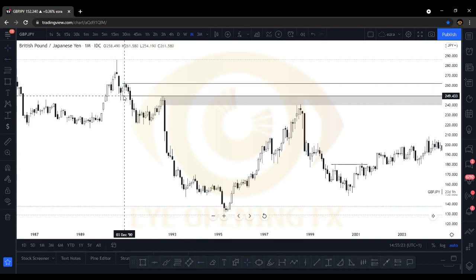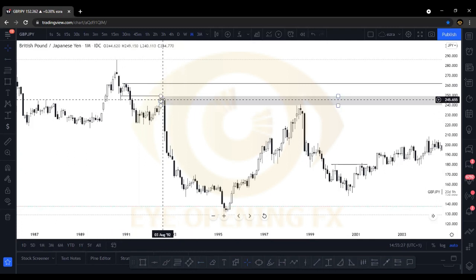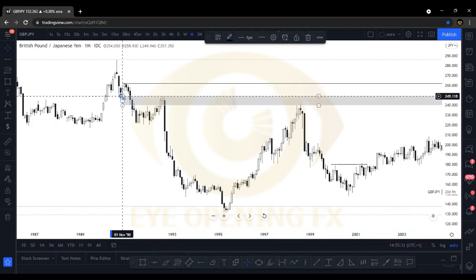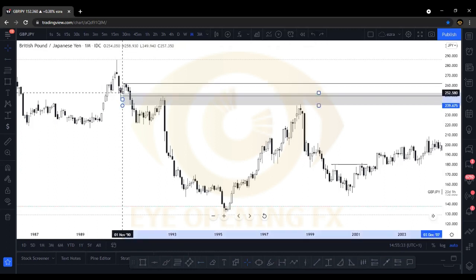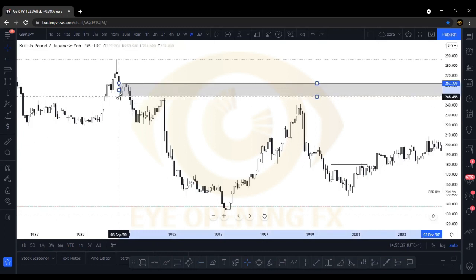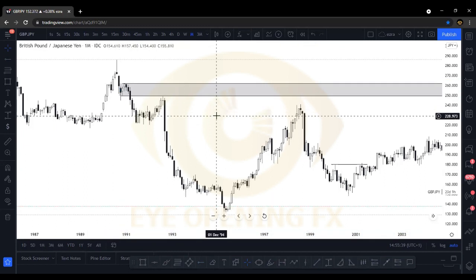So from this short high, let's say from here to here is your point of interest from higher time frame, apart from refinements.